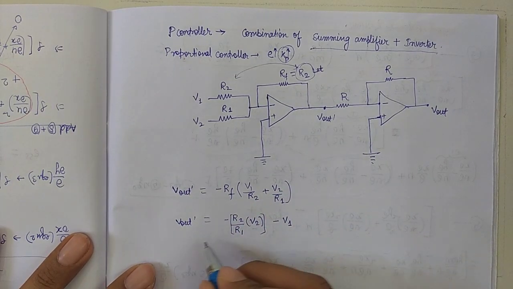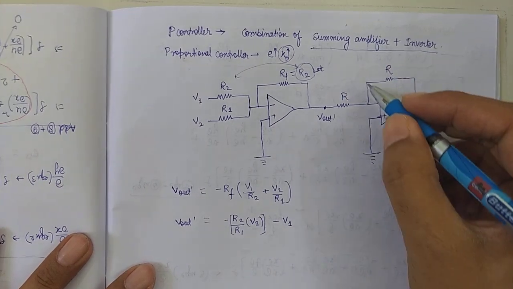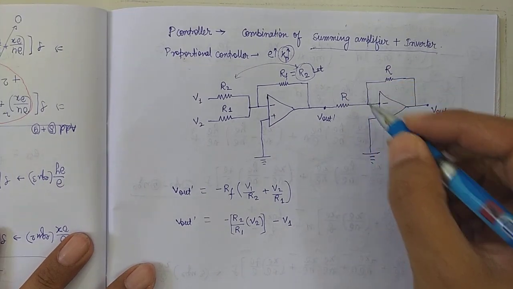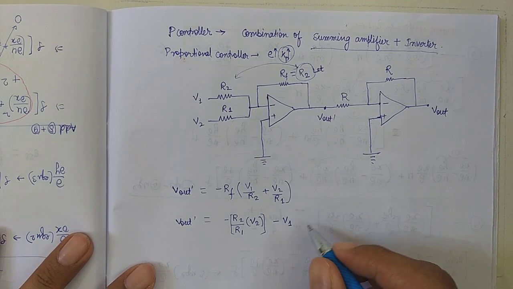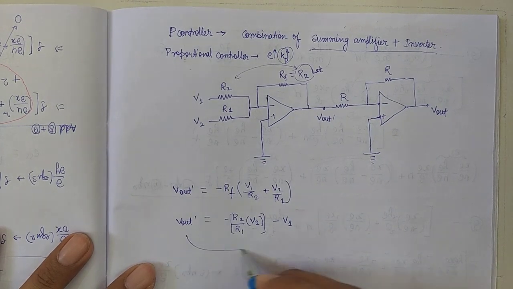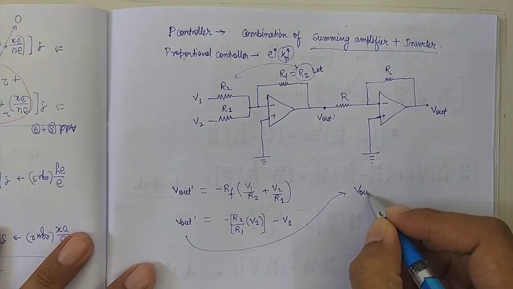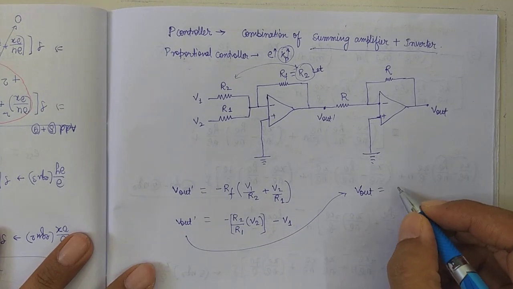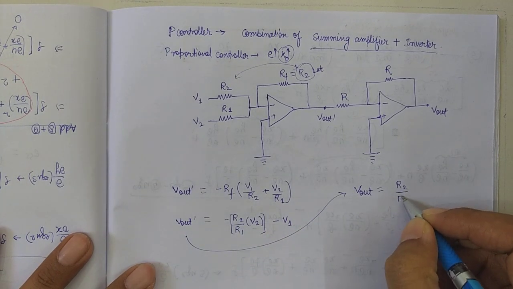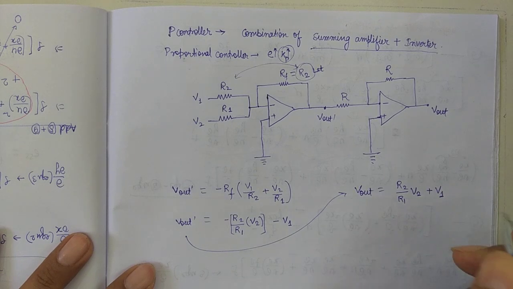Okay, and now this thing is again being fed through this inverter block. So inverting means this V out is going to be inverted. So this V out particularly is equal to minus of V out dash. So essentially it will be R2 by R1 times V2 plus V1.